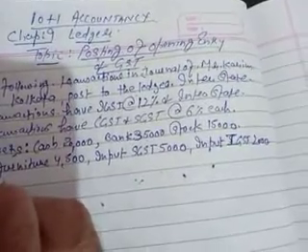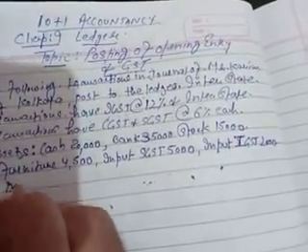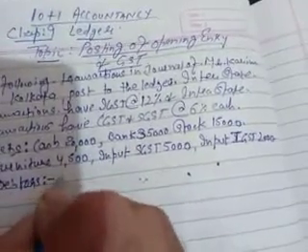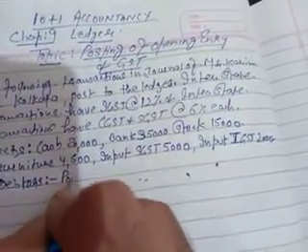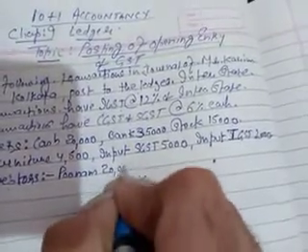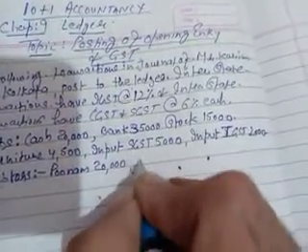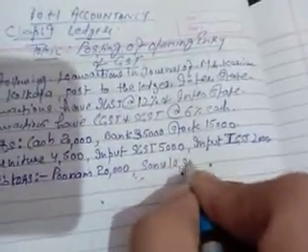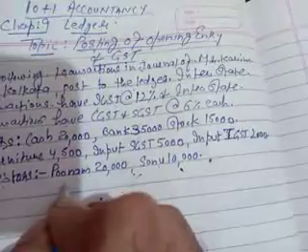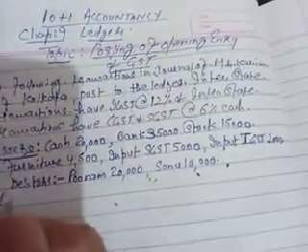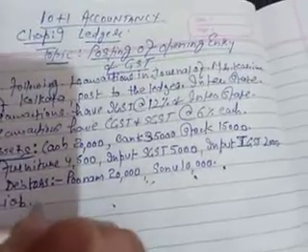Debtors. The list of debtors is given to us: Poonam 20,000 and Sonu 10,000. These are the assets. Then we have got liabilities.